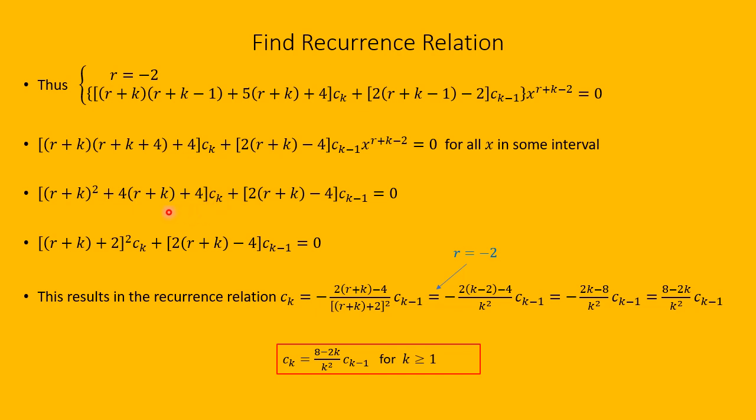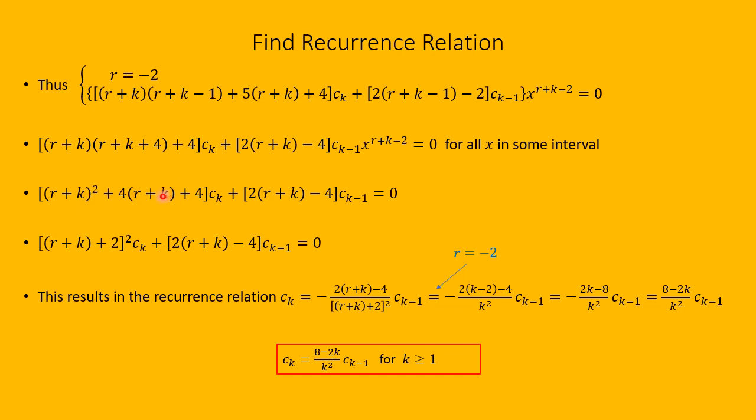But first of all, let's notice that we have something squared plus 4 times the same thing plus 4 here, and this is equal to the quantity r plus k plus 2 squared. This binomial squared gives us this factor right here.